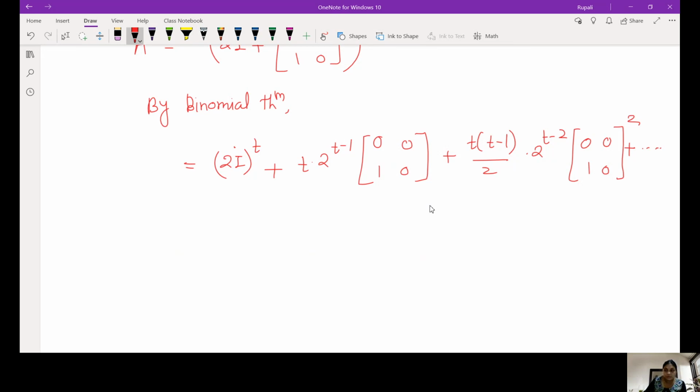Since this square is 0, the next term is also 0 and so on. So we get 2 raised to t plus 0, 0, t times 2 raised to t minus 1, and 0.